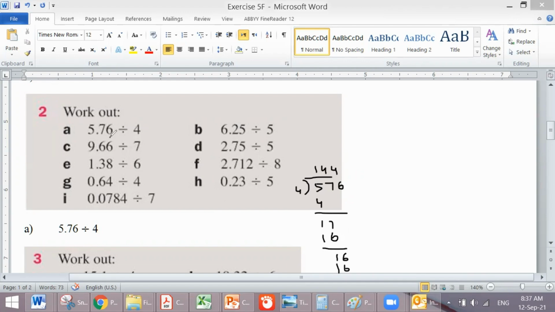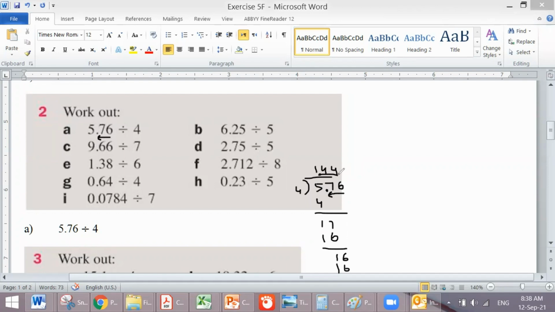Now I have to put the decimal point. In the question, 5.76, I will count from right to left that there are 2 values after the decimal point. So in my answer there should also be 2 values from right to left.